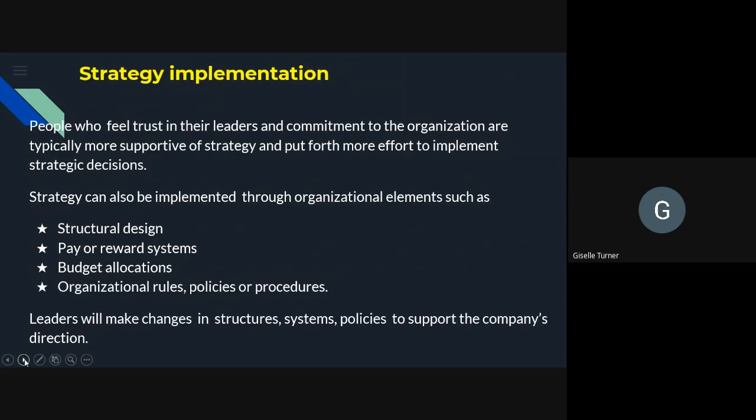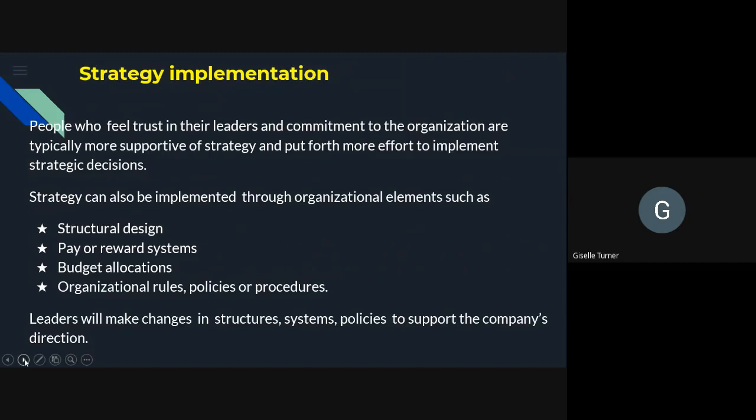And there we go back to that word trust. People who feel trust in their leaders and commitment to the organization are typically more supportive of strategy and put forth more effort to implement strategic decisions.